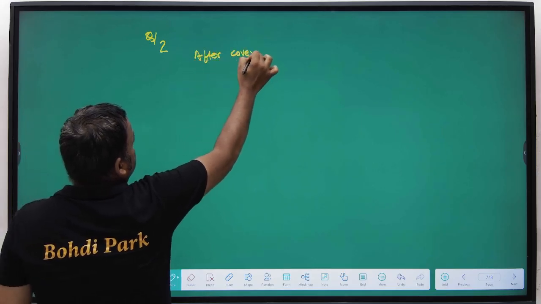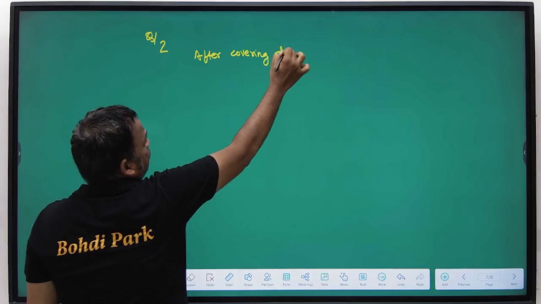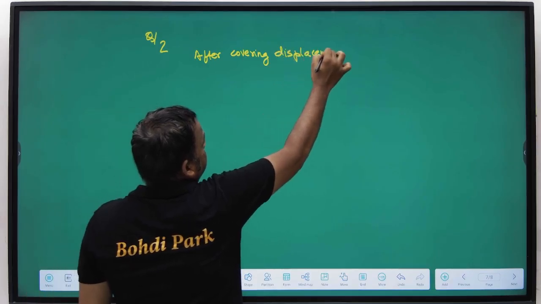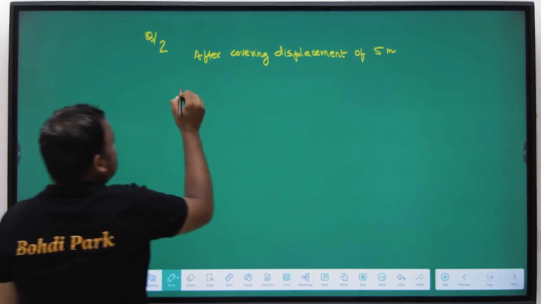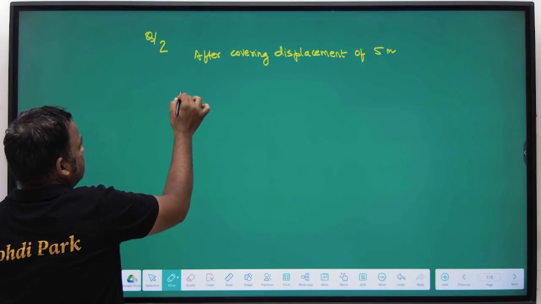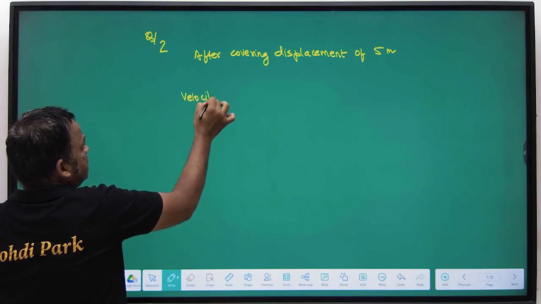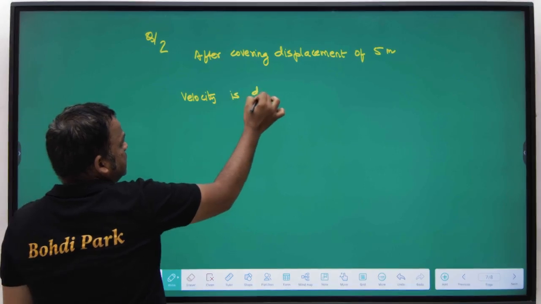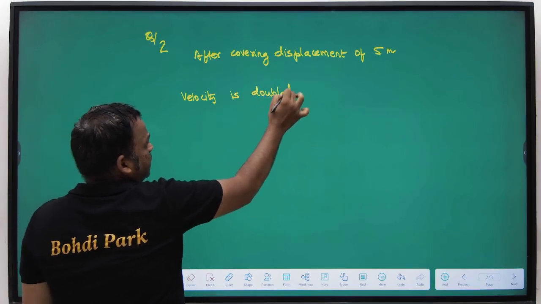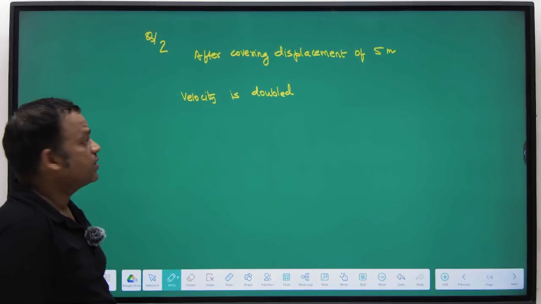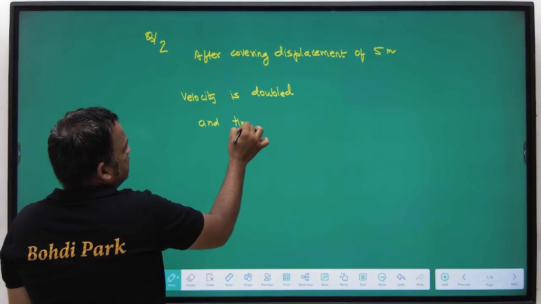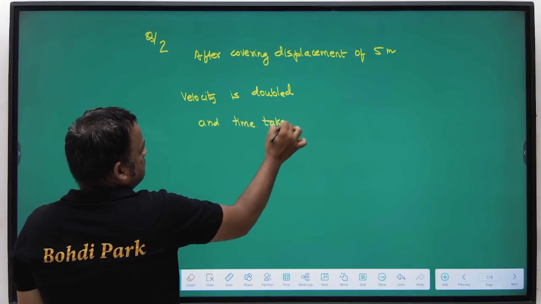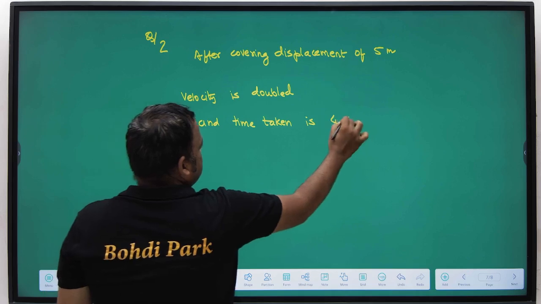After covering a displacement of 5 meter, the velocity is doubled, and the time taken is 4 seconds.